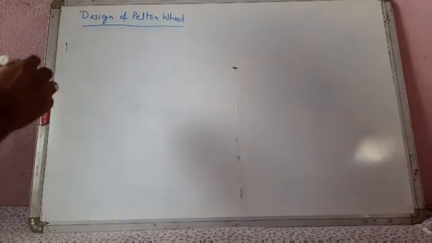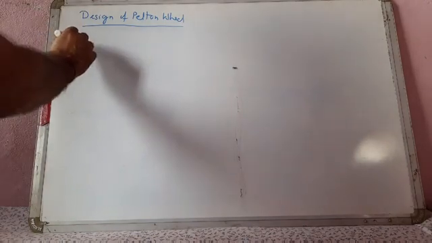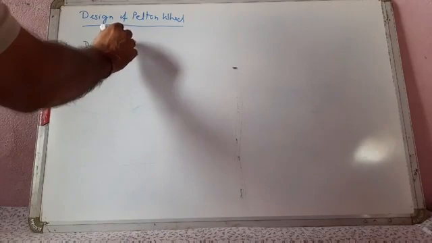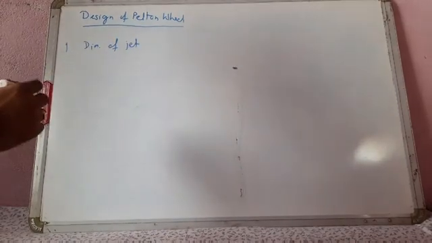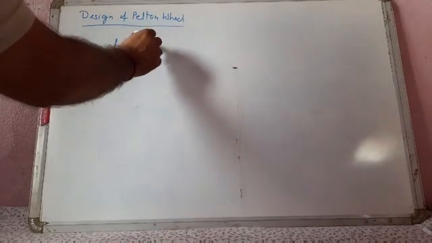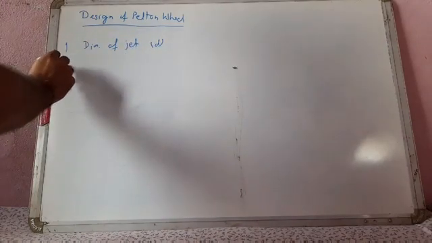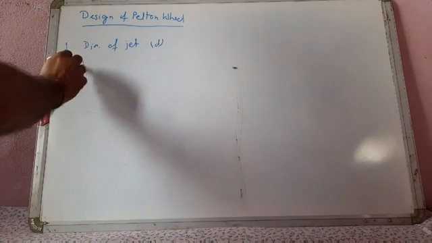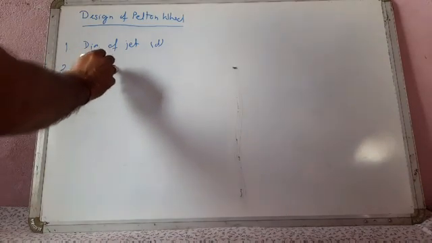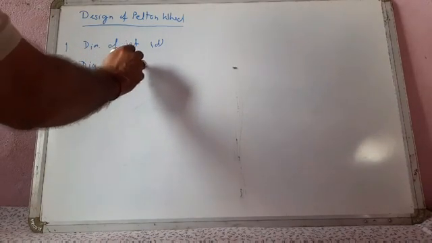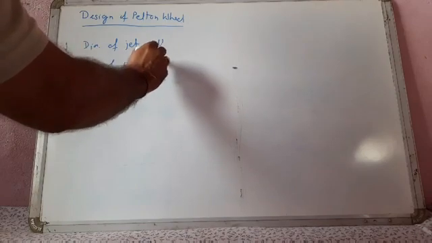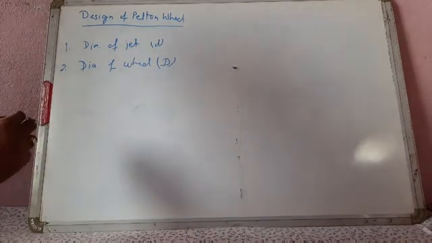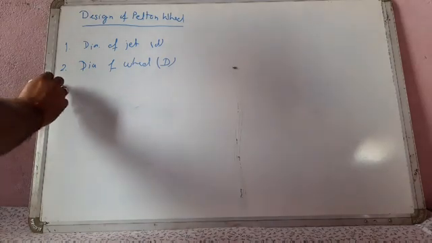First is diameter of jet, generally represented by small d. Second important data is diameter of wheel, generally represented by capital D. Next is width of bucket.